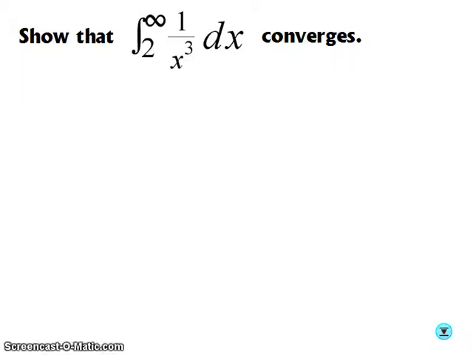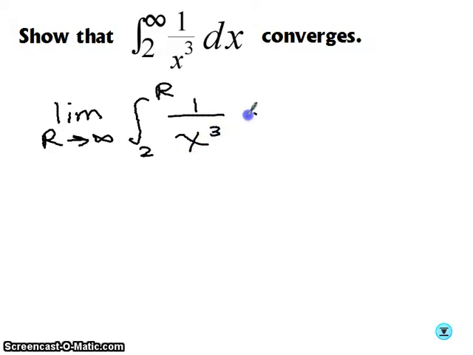Well, if you did it correctly, you would have a limit as r goes to infinity of the integral from 2 to r of 1 over x cubed dx. And we want to show that it converges. That means we want to make sure that the limit exists. So go ahead, take a moment, and do that. Pause the video if you need to.